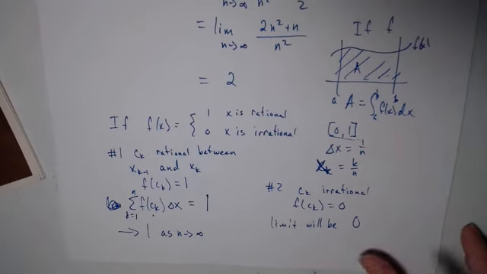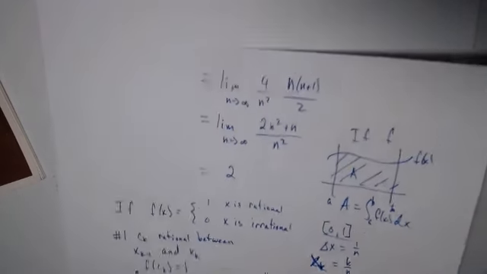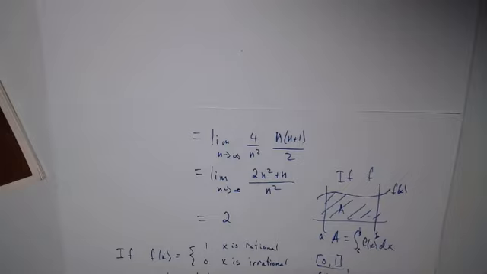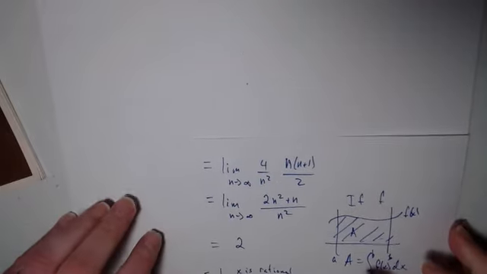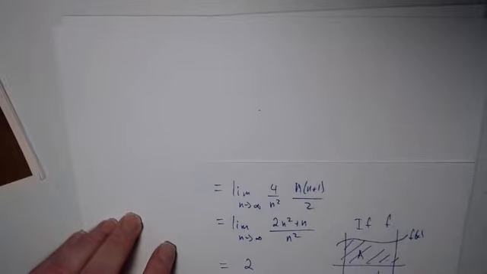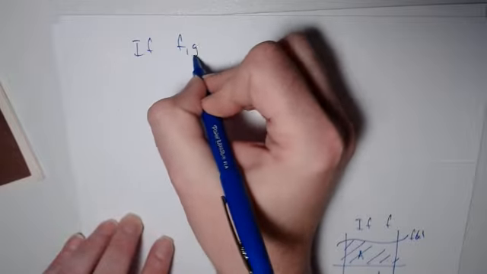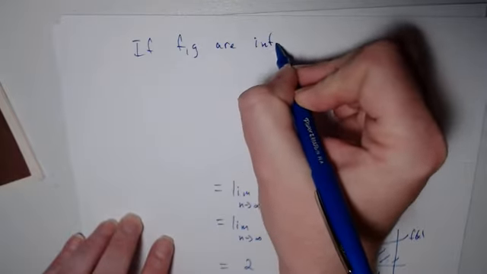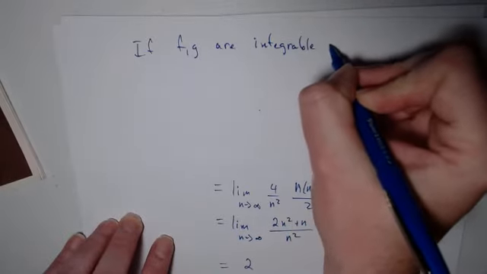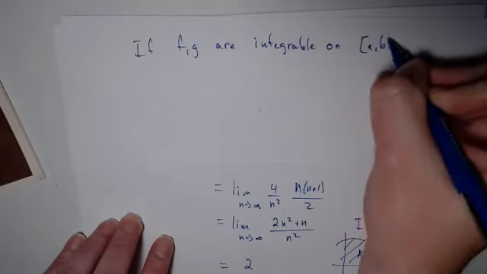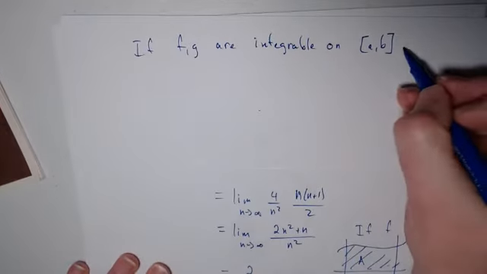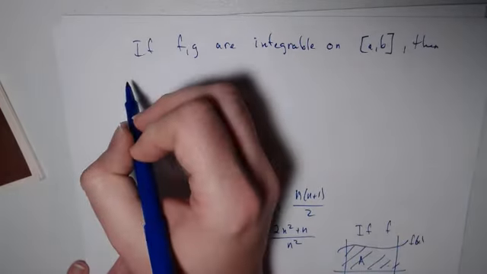We have some more properties. You can read along off of page 321 if you want, but if f and g are integrable on a, b, then, so this first one is actually pretty neat.